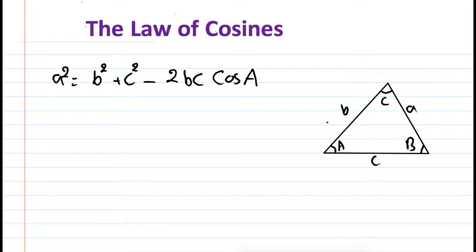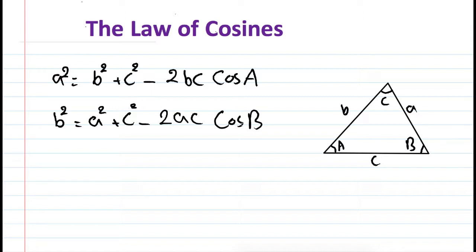So if I want to find B, B squared equals A squared plus C squared, minus 2 times A times C, cosine of whatever angle I have opposite to B, which is cosine of B capital.